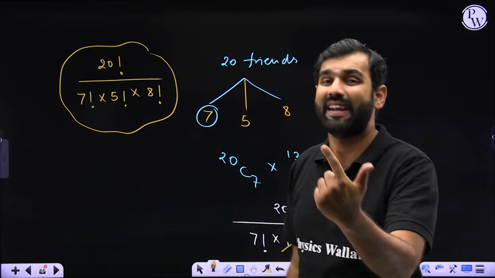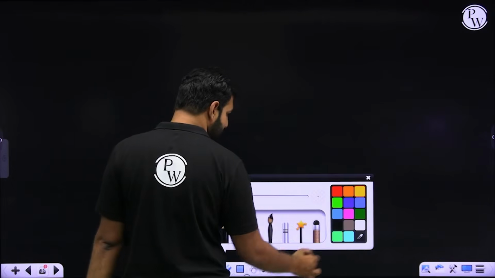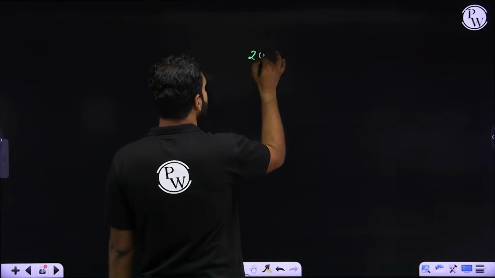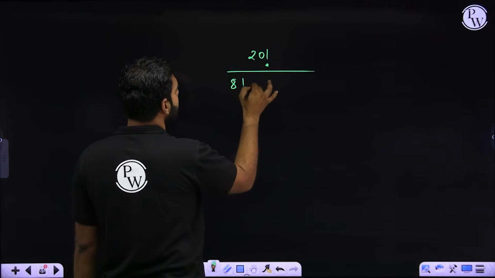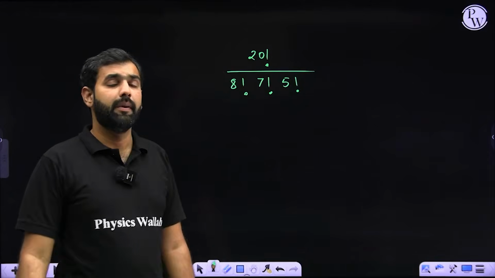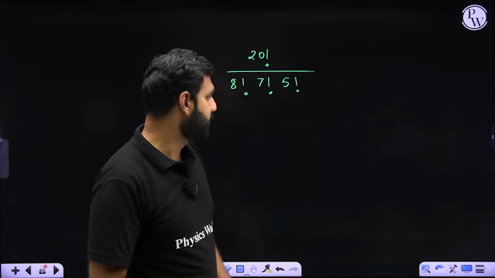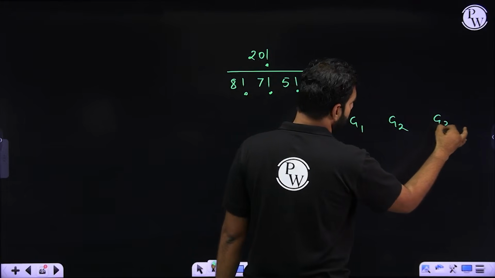Now let's create one more case. Of course, we have understood how to divide them. So this was division, that 20 people can be divided into a group of 8, 7 and 5 in these 3 ways. But this time I'm labeling these groups. So this time the groups are group 1, group 2 and group 3.